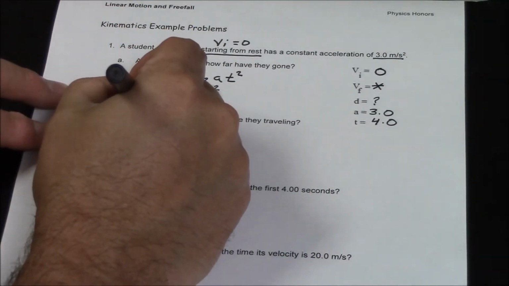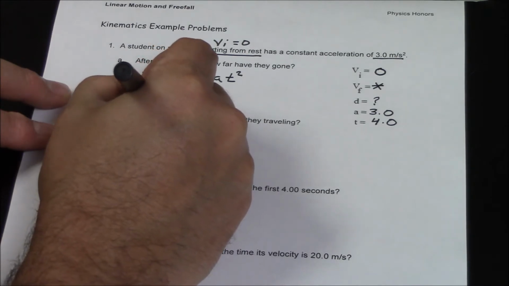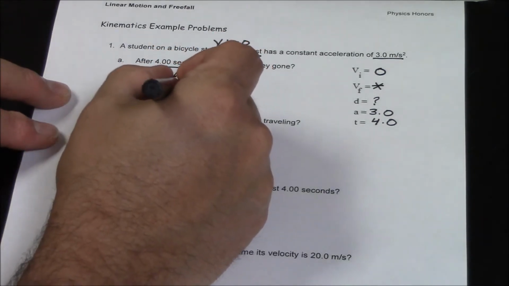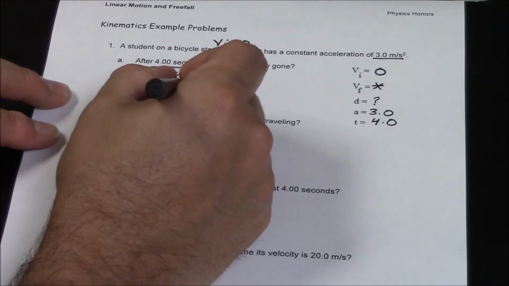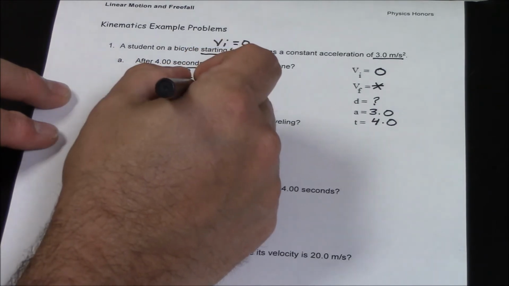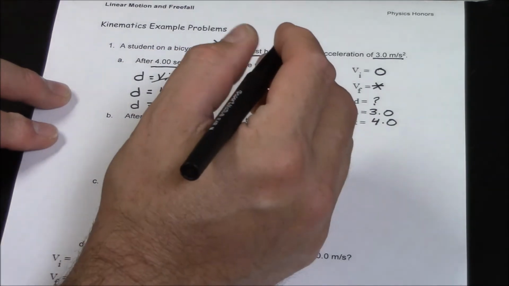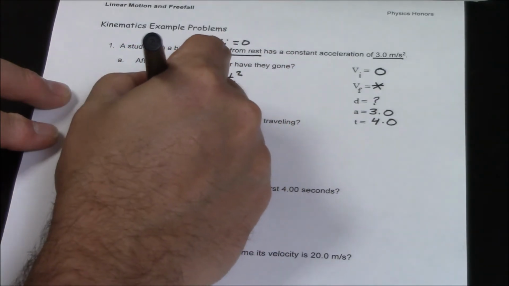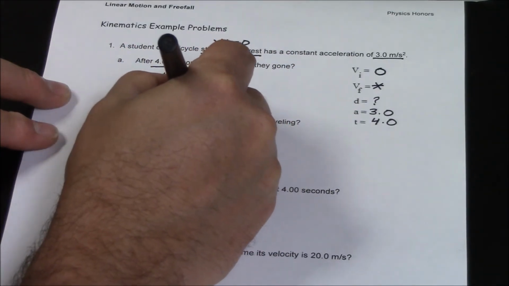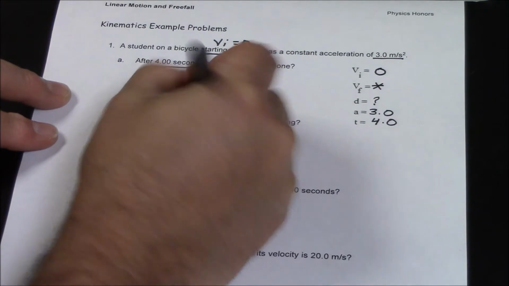So that's going to give us displacement equals, well, this part is 1/2. This is 16, so 1/2 times 16 is going to be 24 meters. And that's our final answer.